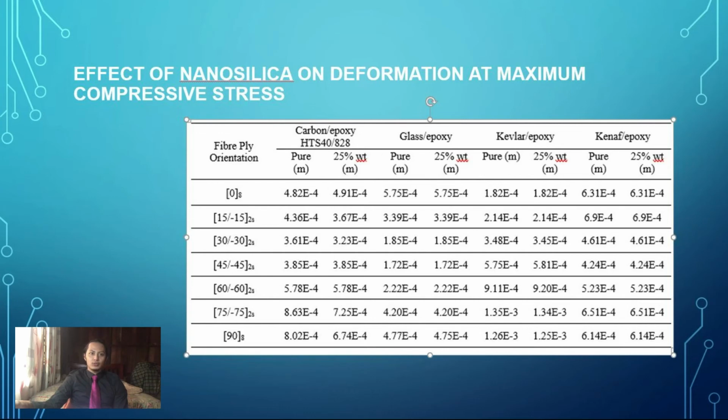This is owing to its ductility, which is unrivaled among fiber composite laminates. The second largest deformation was achieved by carbon epoxy at 90 degree with a value of 0.802 mm. Then the lowest deformation was obtained by kenaf at 0 degree with and without silica.